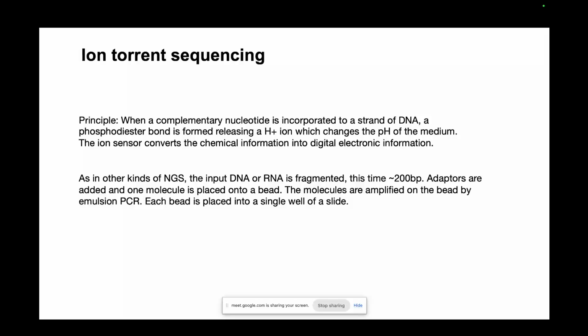In pyrosequencing, you used fluorescent labeled enzymes, and based on the signal of the fluorescence, you determine what base is there. In ion torrent sequencing, you determine the base with respect to the change in the pH of the medium. Each nucleotide incorporation will tell you distinctly what change in pH has occurred in the solution, and if you can detect that, you can know what nucleotide has been added.